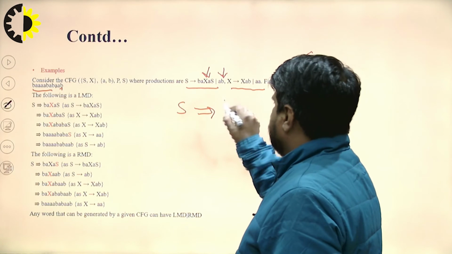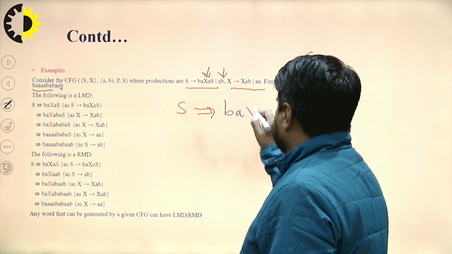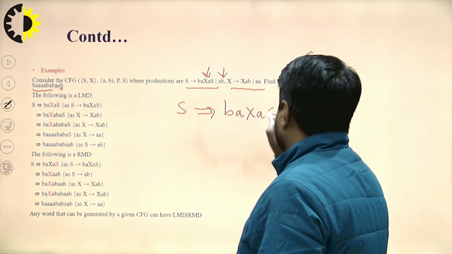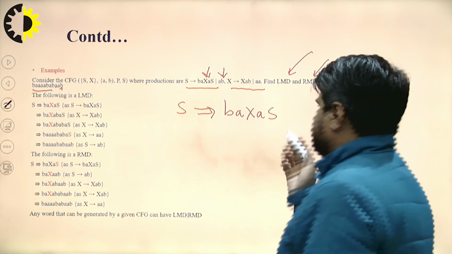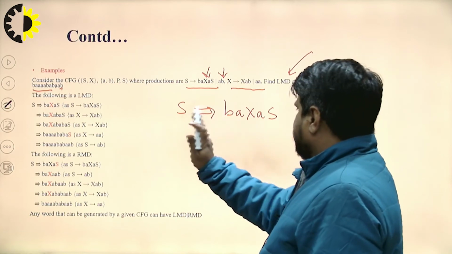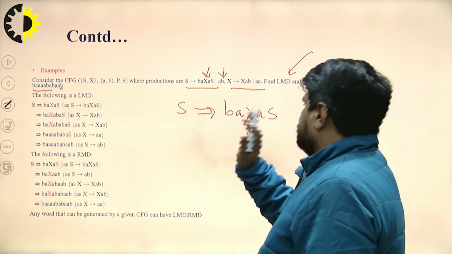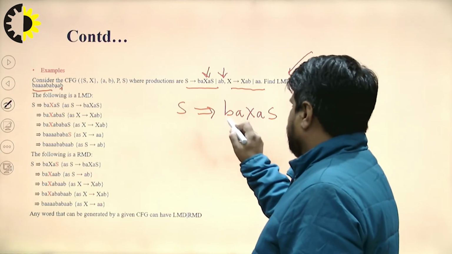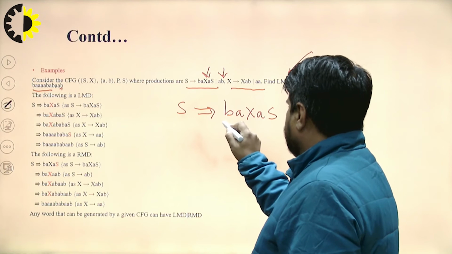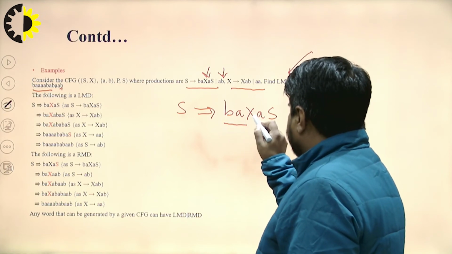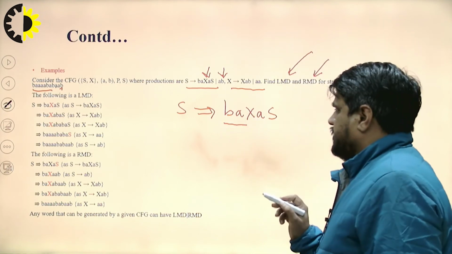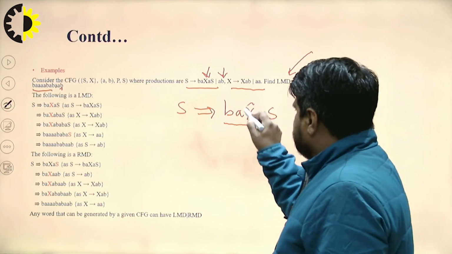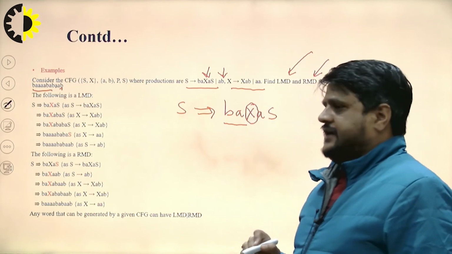So you select the production B A X A S. Now you can see the leftmost derivation here. Scan the string from left to right, and the first non-terminal encountered is X.